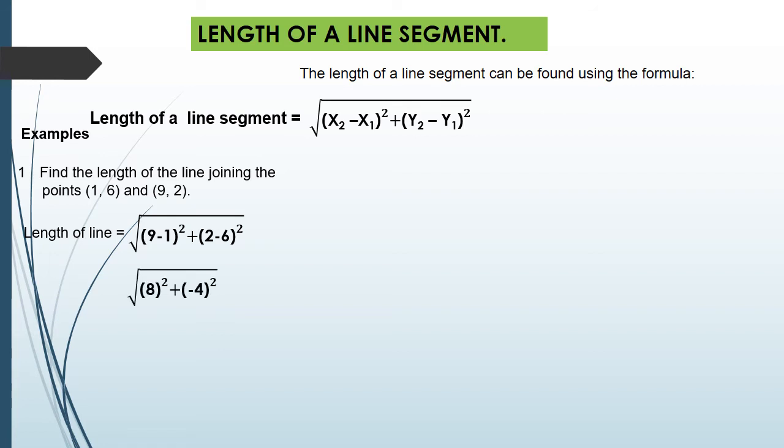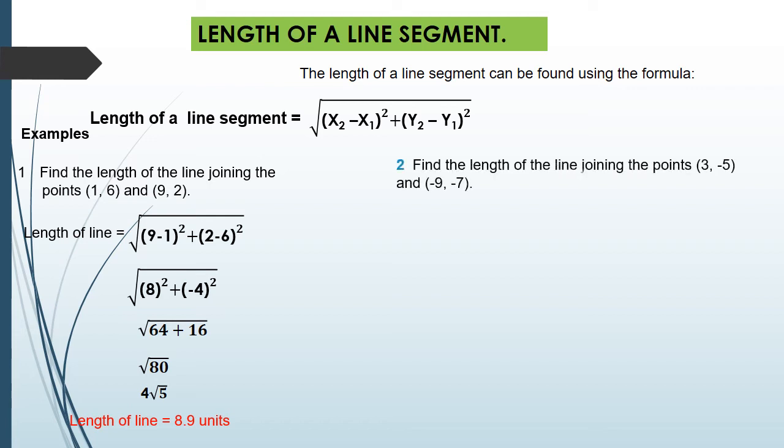That gives us 8 squared plus (-4) squared, which is 64 plus 16. That gives us root 80. We could either express our answer in short form or in decimal, so the length will be 8.9 units.